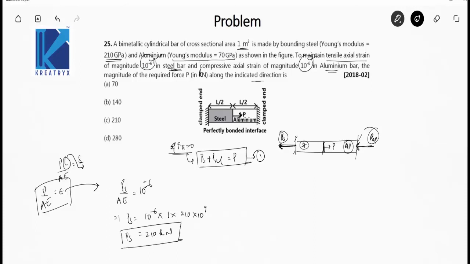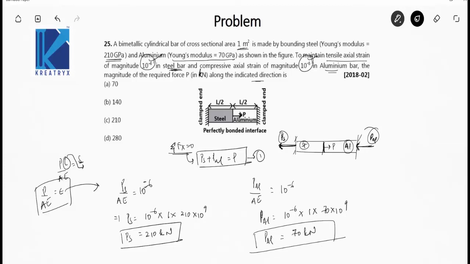Similarly, PAL upon AE is equal to 10 raised to the minus 6 again. So I can find out PAL, which is equal to 10 raised to the minus 6 into area 1 meter square into the Young's modulus of aluminium, which is 70 gigapascal, that is 70 into 10 to the power 9. So this gives me PAL is equal to 70 kilonewton.